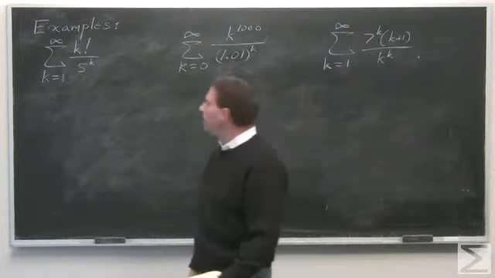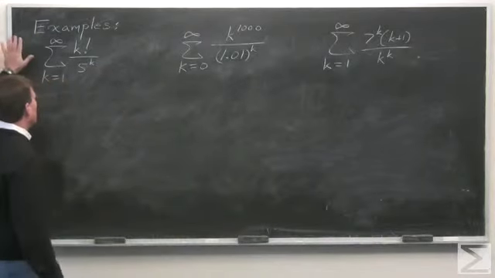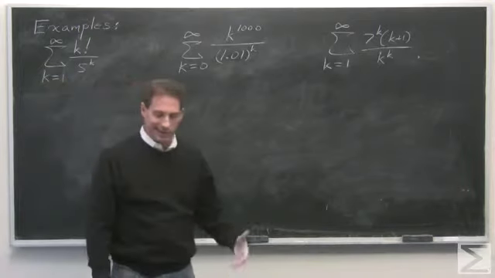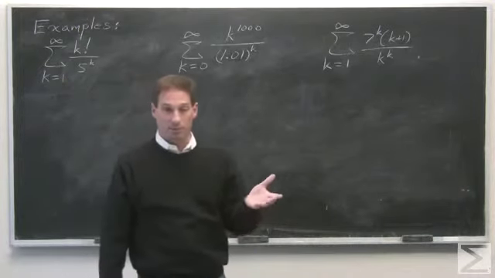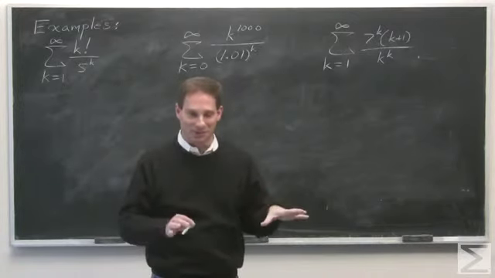All right. I want to look at these 3. When you see a factorial in your series as part of your terms, it's kind of a dead giveaway that you'd like to use the ratio test.